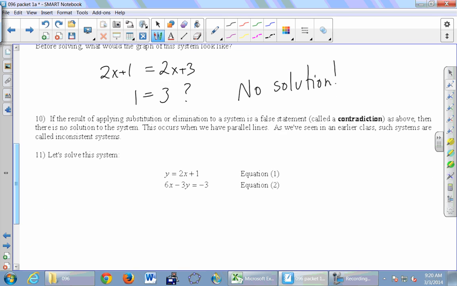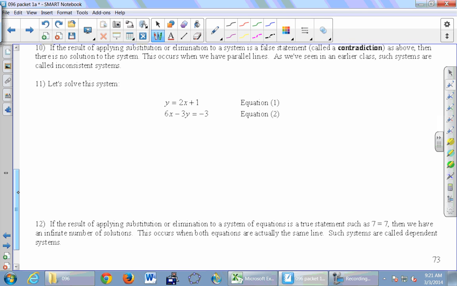Let's take a look at the second one. The first one I could tell just looking at it, oh, wait a minute, these are just two parallel lines. But the second one is not obvious to me. I can't tell just by looking at that what the graph is going to be. So let's just go through our algebra process. We're going to substitute. Instead of this y right here, what are we going to put? 2x plus 1, right?